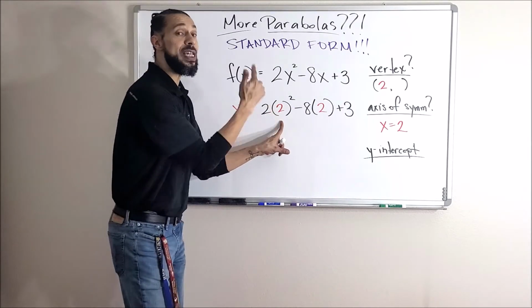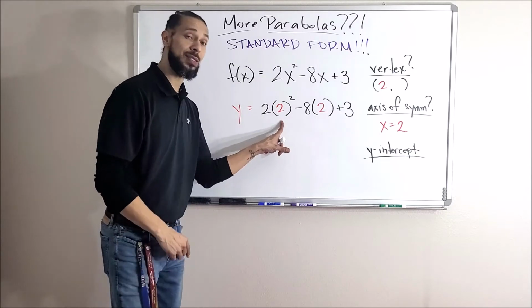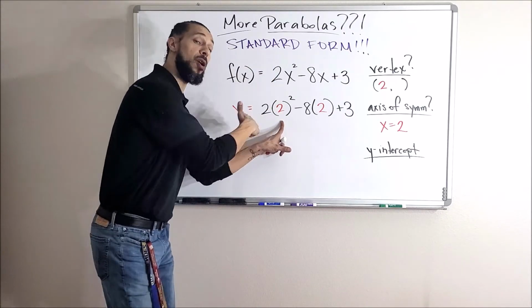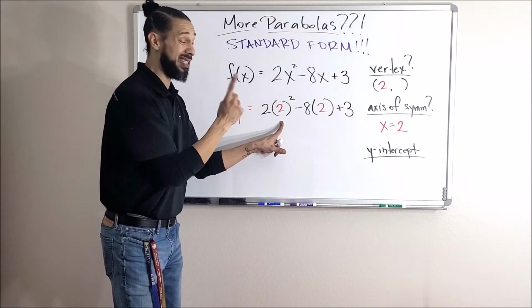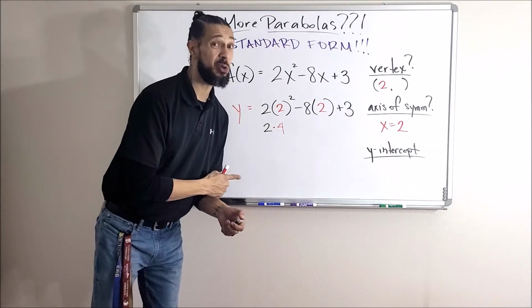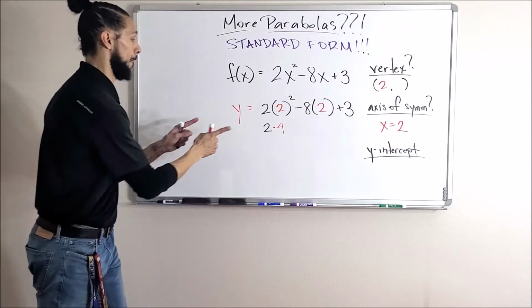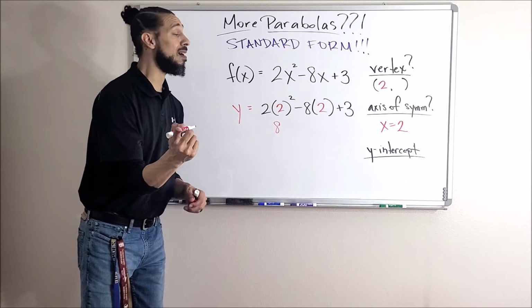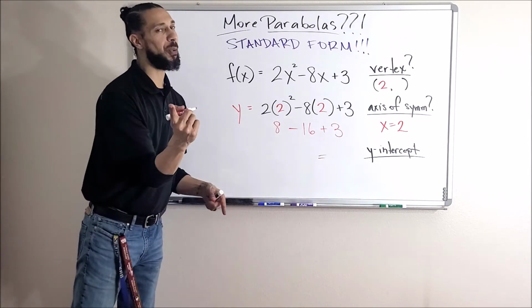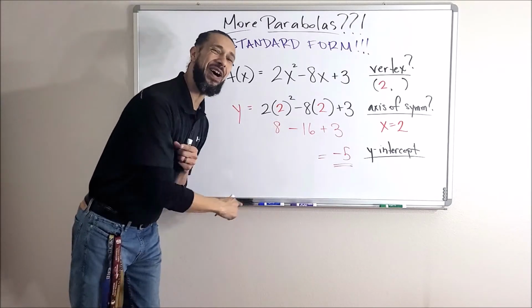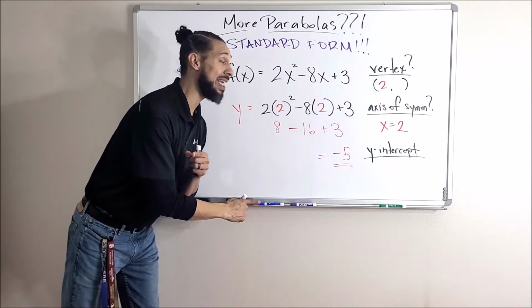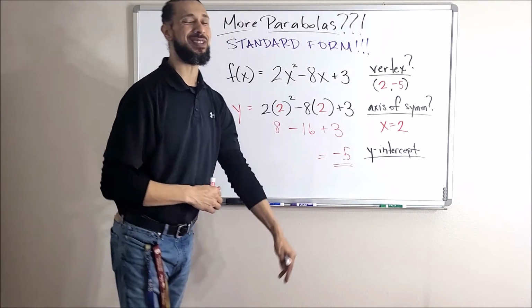You gotta do the exponent first. Yes, exponent before multiplication. So this is really 2 times 4, and 2 times 4 is 8. Good. Moving down the line. Some real quick arithmetic, and good. So isn't that the y value of my vertex?